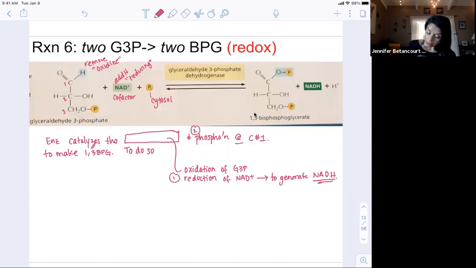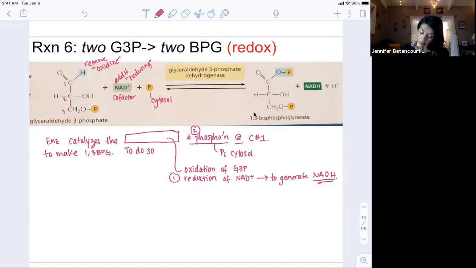At the end of this, after you've oxidized and phosphorylated carbon number 1, you make the product 1,3-bisphosphoglycerate. And when you talk about the phosphorylation, you also want to say in your description that the inorganic phosphate was from the cytosol.